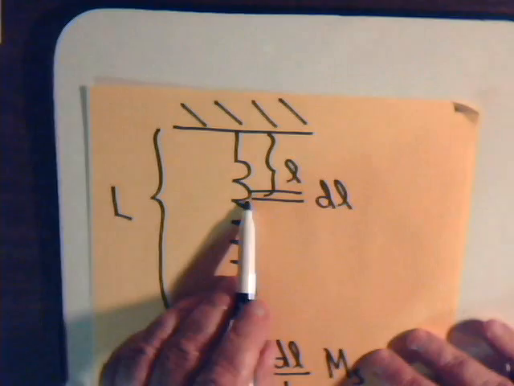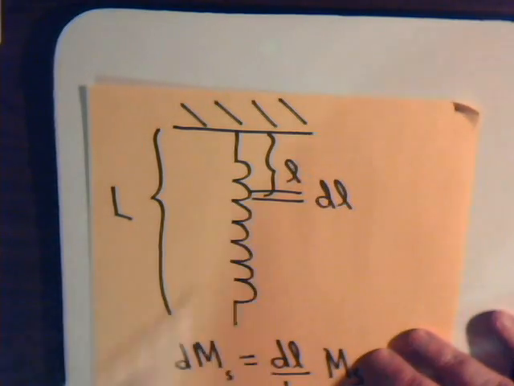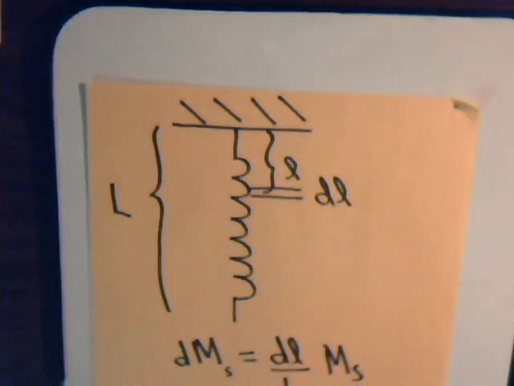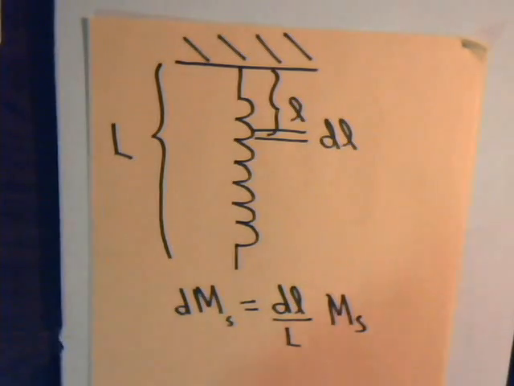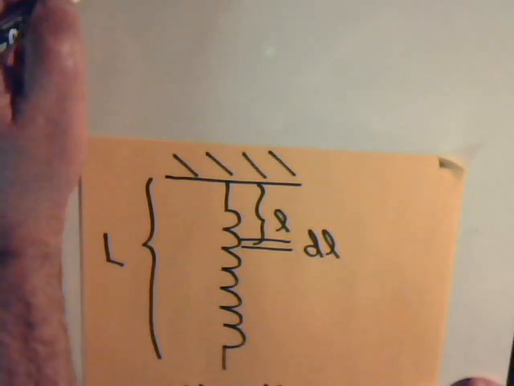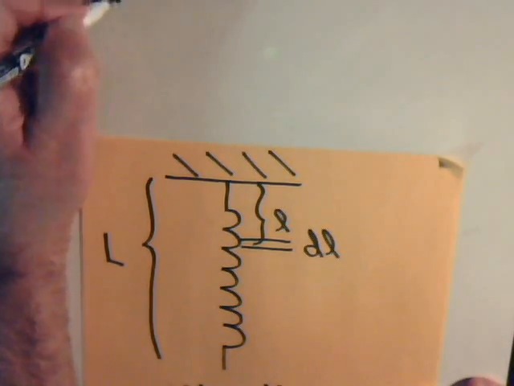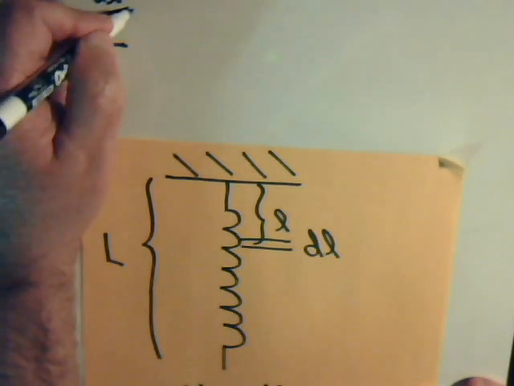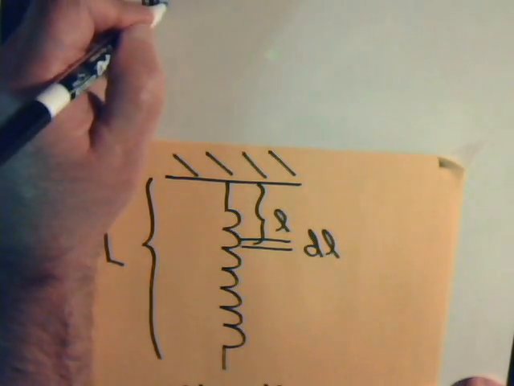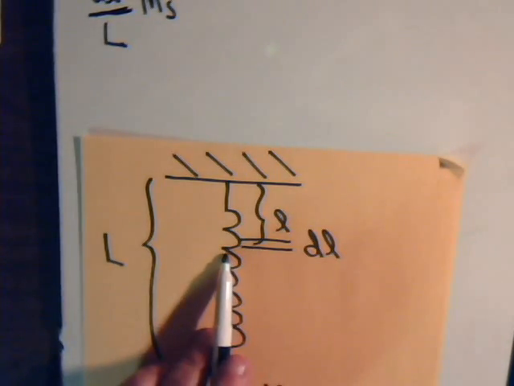We are right here where we have an amount of mass that's equal to this. So we have dl over L times this, and then the velocity of this point going up and down.